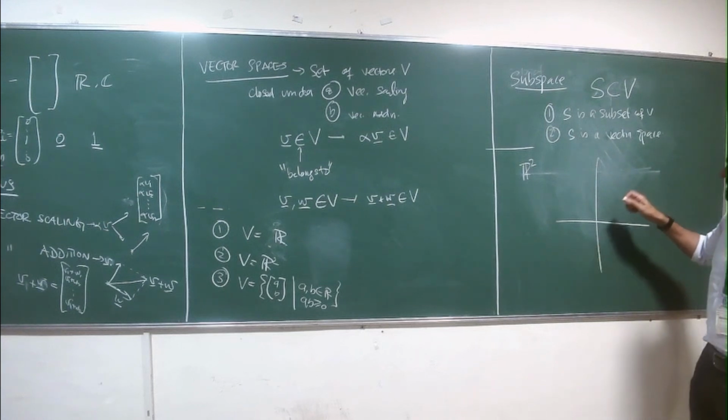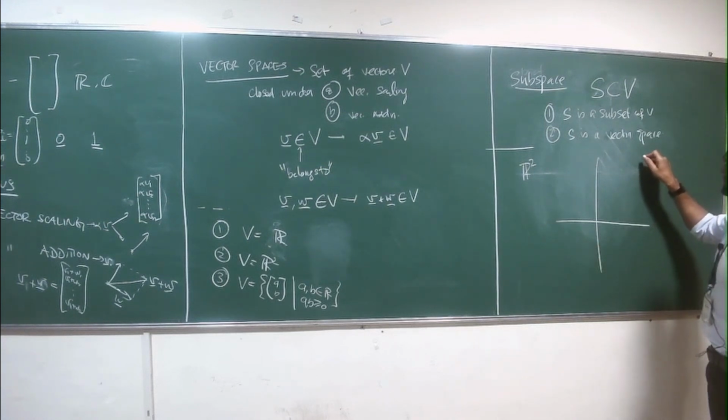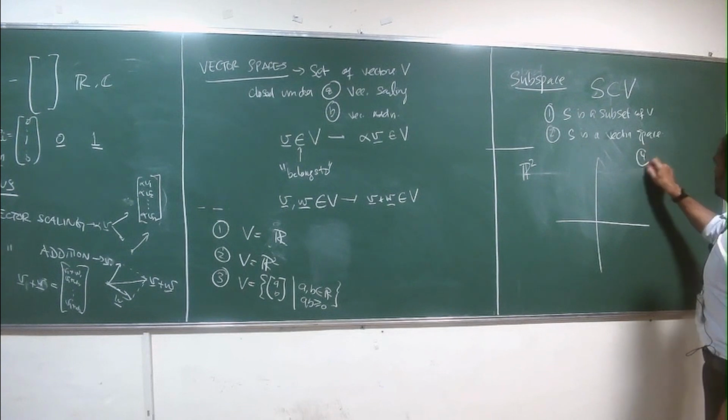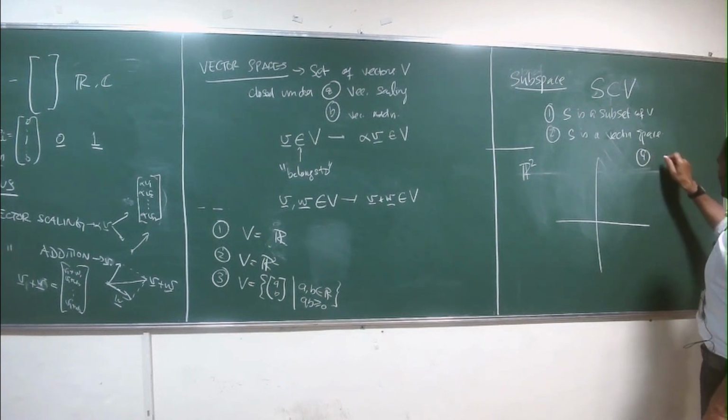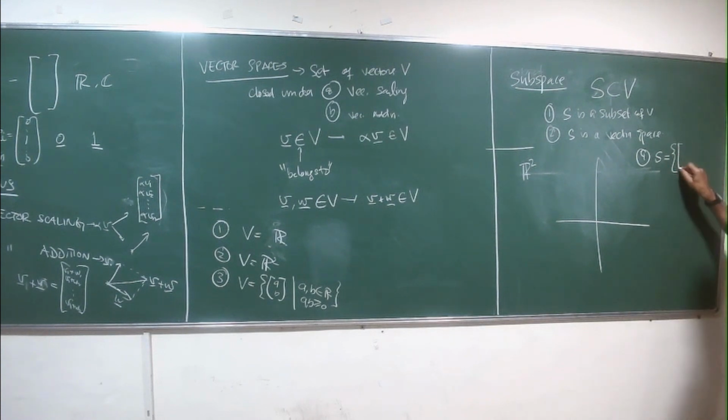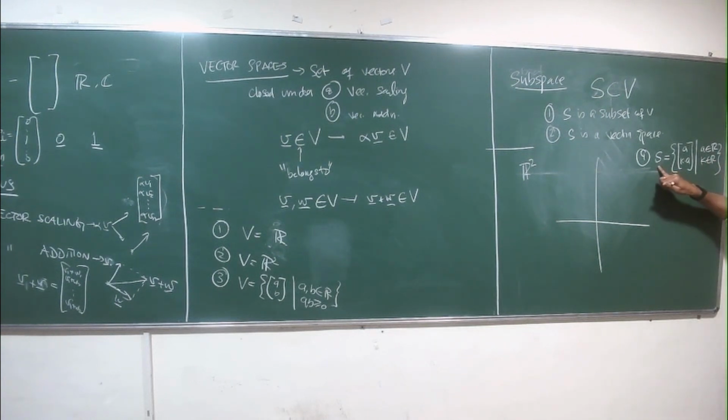All right. What if I had something like this? I'll call S equals the set of points (A, K times A).